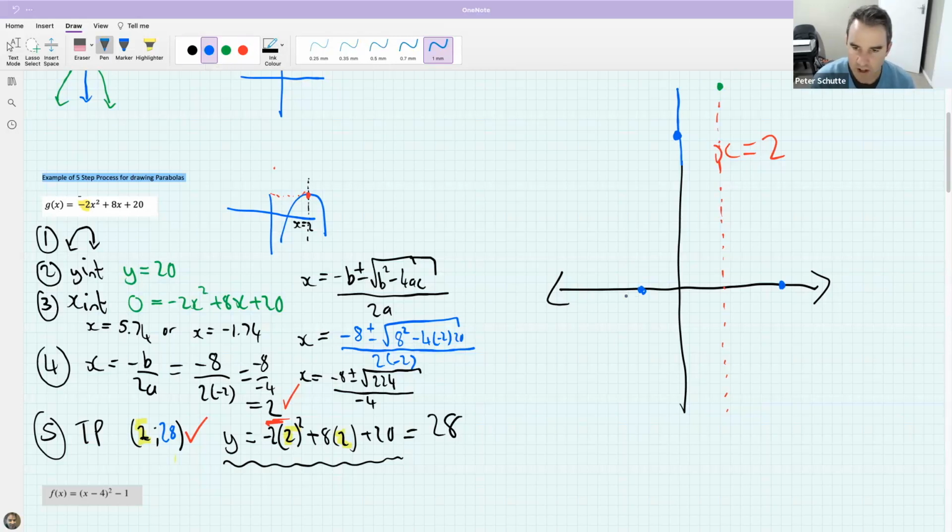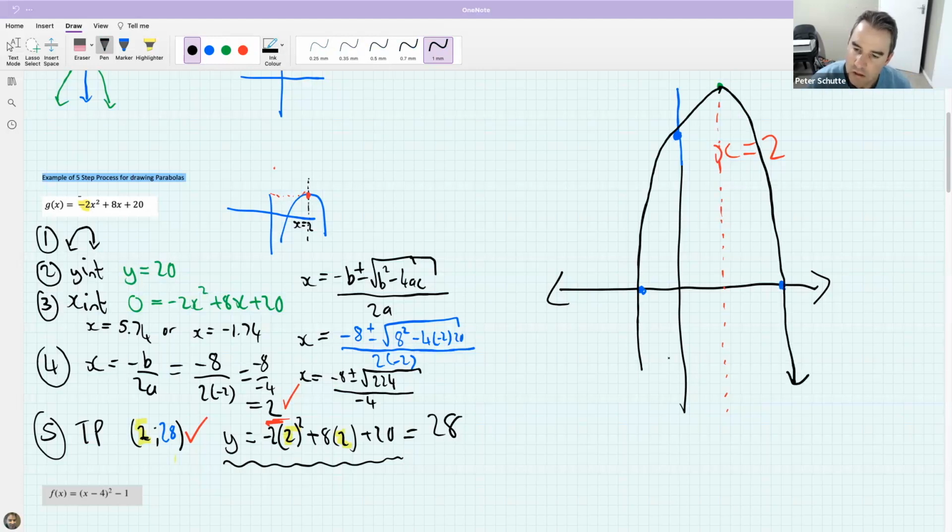So I mark out the 2 intercepts, the y-intercept, and then my turning point. And then the last step is I put the shape that I drew through it like this, through my graph. And then I do my labels.